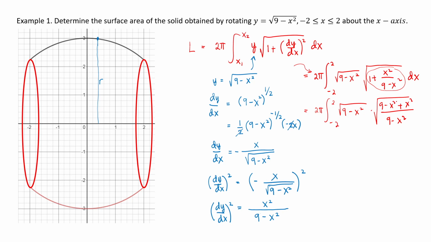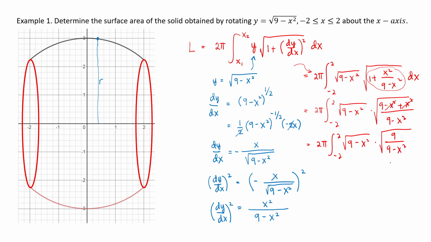The minus x squared and plus x squared in the numerator will be cancelled out. What is left is 2 pi from negative 2 to 2 square root of 9 minus x squared, then 9 all over 9 minus x squared.